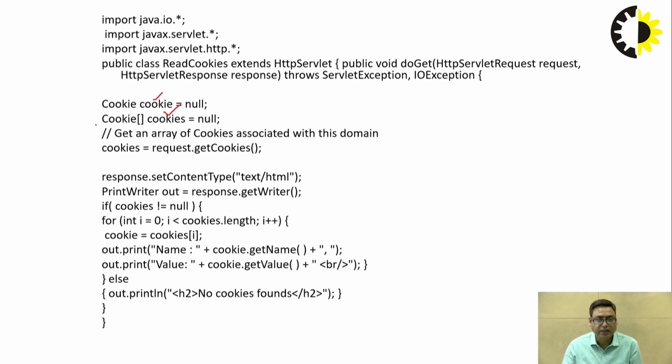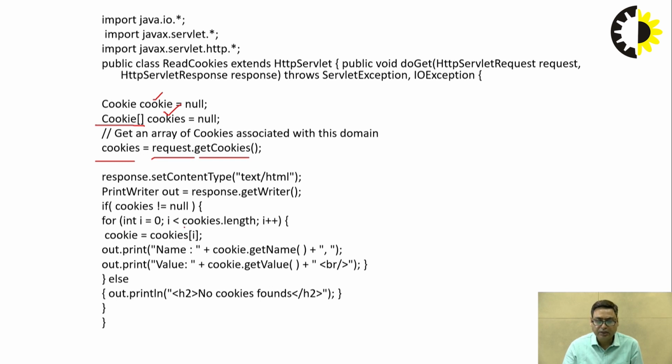Therefore, we are creating an array object to store the list of the cookies which are already stored at the client machine. Now to get all the cookies which are available at the client machine, we are using request as the object, then the getCookies method is responsible to retrieve all the cookies from the client machine and store them in the array cookies.